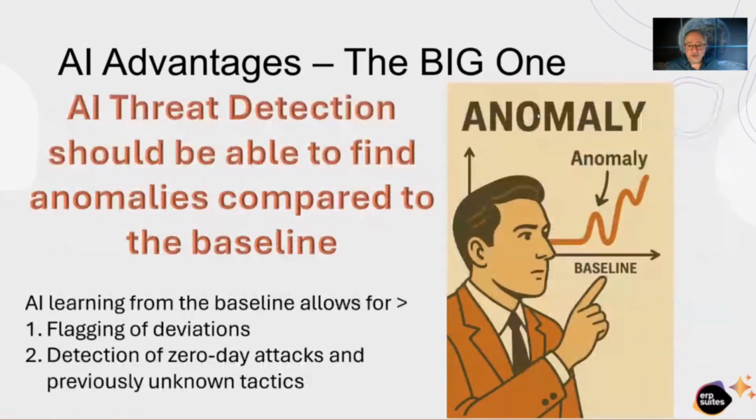AI threat detection should be able to find anomalies compared to the baseline. This is what I was speaking a little bit on earlier. AI learning from the baseline allows for flagging of deviations and detection of zero-day attacks and previously unknown tactics. How? Because for a previously unknown tactic, if we don't have a signature yet, some of those other common tools, non-AI enhanced tools, are not going to realize that this is simply different.